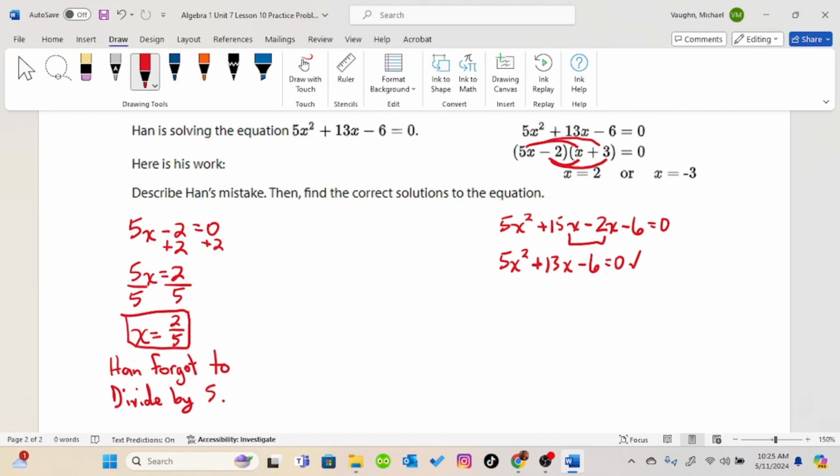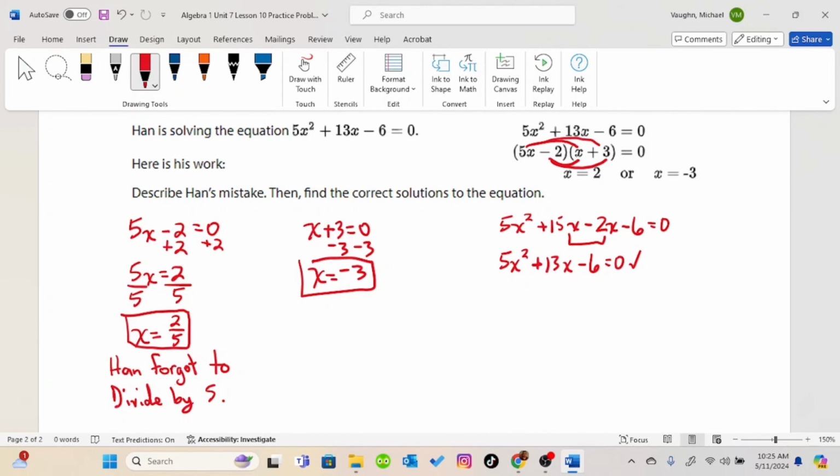Now let's check the other one. If we let x plus 3 equal 0, we subtract 3 from both sides, and we get x equals negative 3. Han got that one correct. So the only mistake Han made was when he set the first factor equal to 0, he forgot to divide by 5.